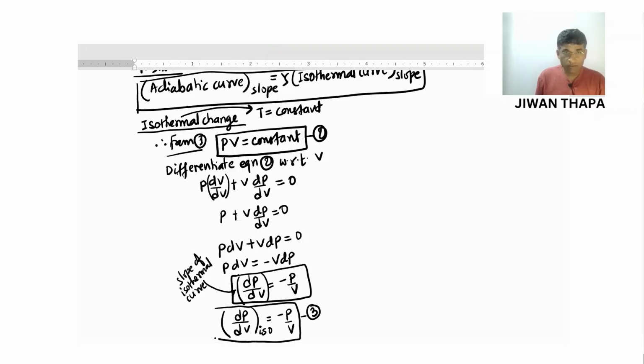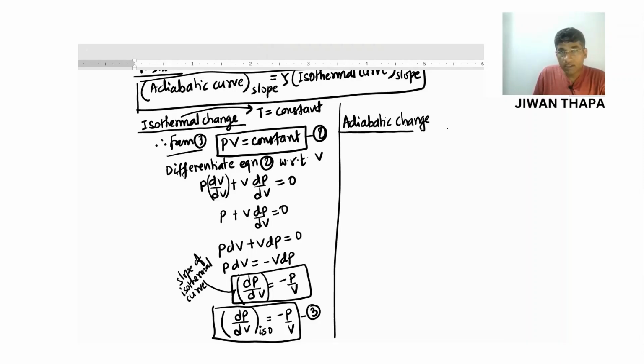So we have this. Now for adiabatic change, that is we are going to find the slope of adiabatic curve. And for adiabatic process, we write this equation PV gamma equals constant. So we have this, and let's call it equation 4.